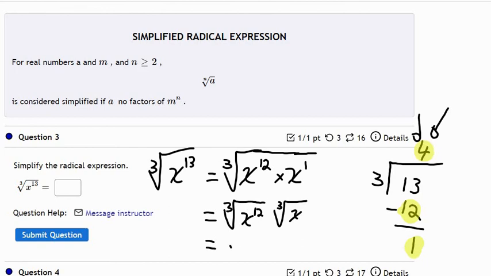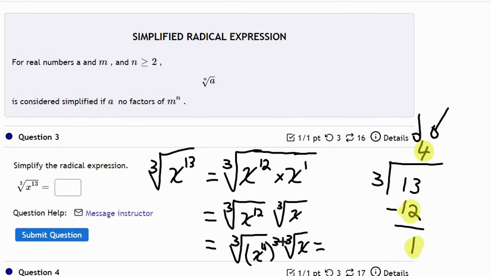So I can rewrite this as the cube root of something to the 3rd power. That thing I'm raising to the 3rd power is x to the 4th power, because that's equal to x to the 12th, and that's multiplied by the cube root of x. Since this is an odd index, I don't have to worry about absolute values. So it's just the cube root of x to the 4th cubed.